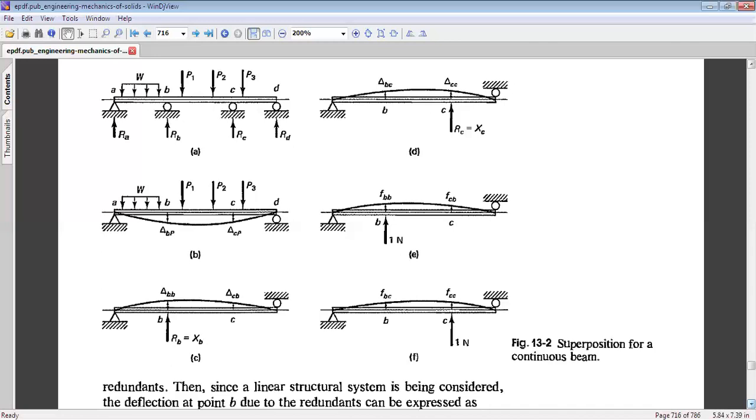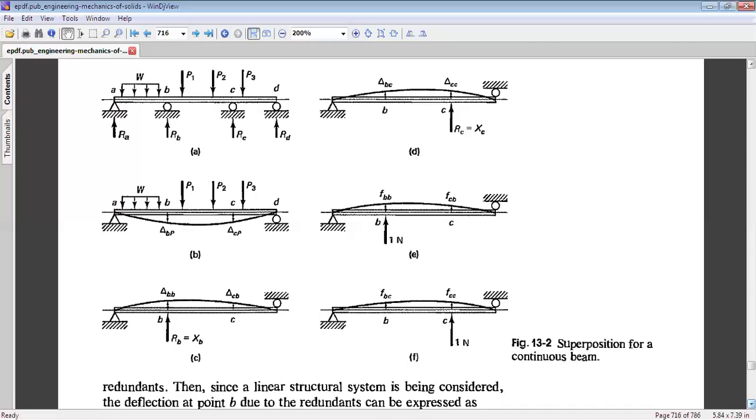FBB is the flexibility coefficient, which means deflection at point B due to unit load at point B. And FCB is the deflection at point C due to unit load at point B. Similarly, in figure F, FBC is the deflection at point B due to unit load at point C, and FCC is the deflection at point C due to unit load at point C.